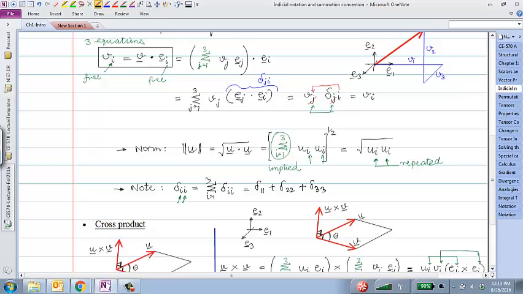Each one of them is 1, so I get a total of 3. So it's easy to be confused or make mistakes like saying delta ii is 1. You have to pay very close attention whenever you have a repeated index or a free index.